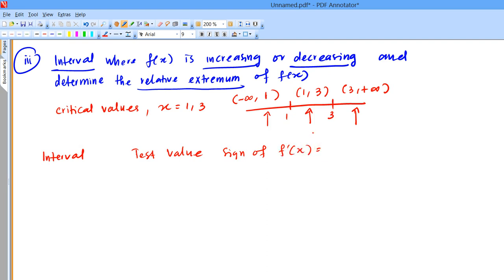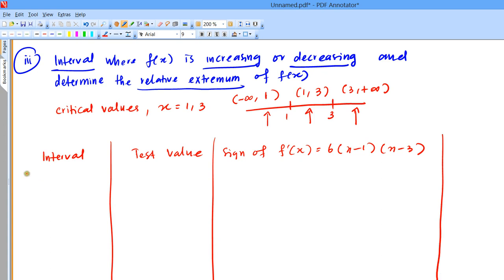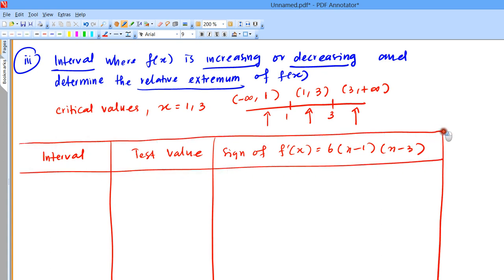Our f prime x is 6 times (x minus 1) times (x minus 3). Okay, for the first interval, we have negative infinity to 1. Next is test value.